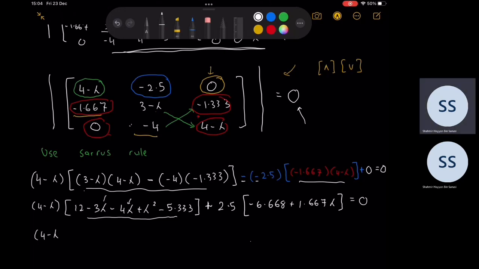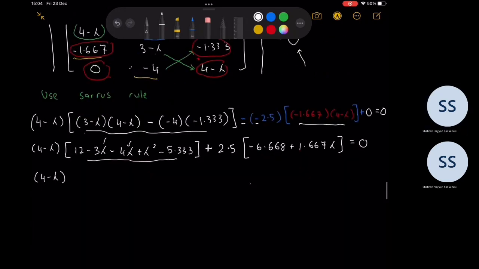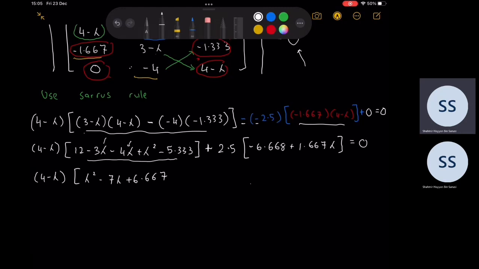So 4 minus lambda multiply with lambda squared minus 7 lambda plus 6.667, minus, then you expand this one, 16.67 plus 4.1675 lambda equals to 0.